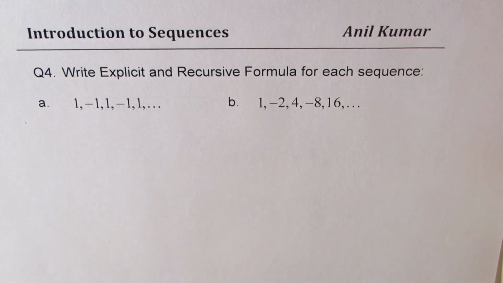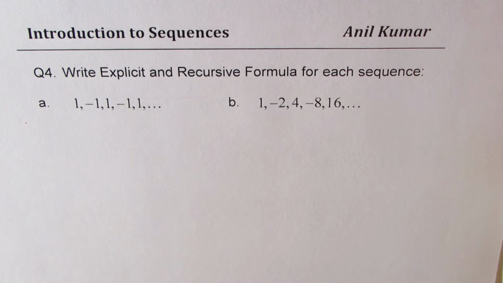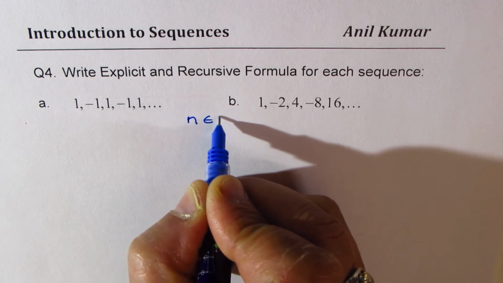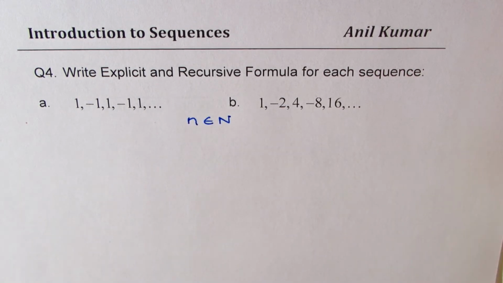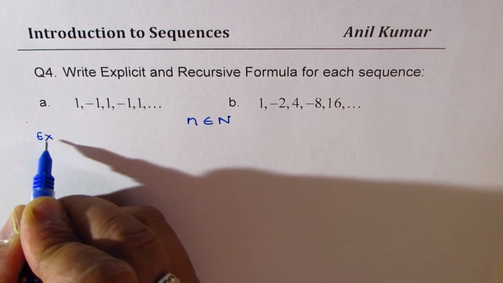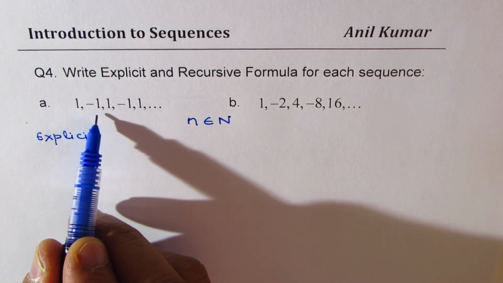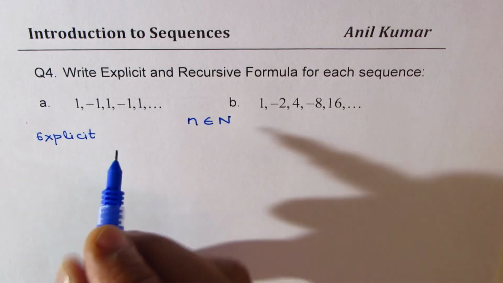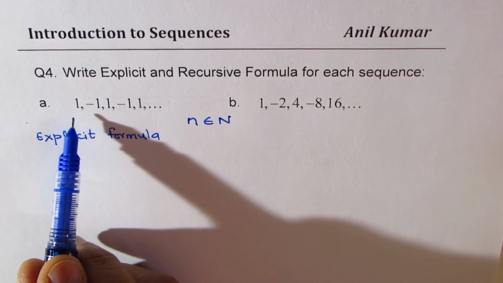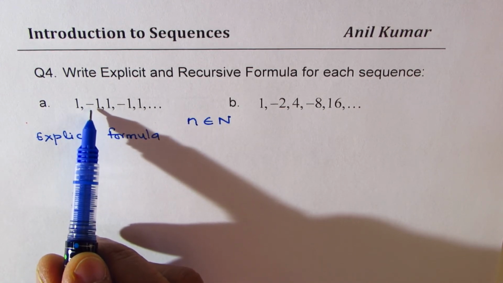Question number 4. You need to write explicit and recursive formulas for each sequence. Now, to begin with, let me write down in general that n belongs to natural numbers for all our sequences, right? Now, to write explicit formula, we have to directly write a formula which could give us the nth term, right? What you notice is that the sign is changing. The second term here is negative, right?